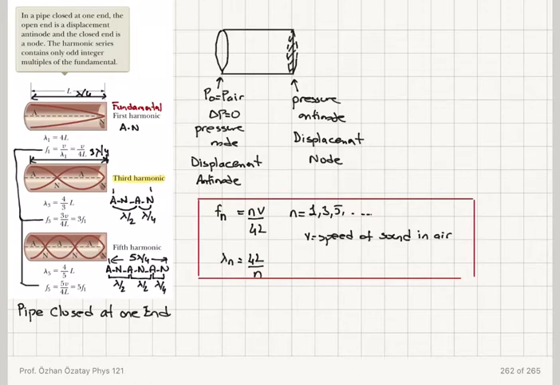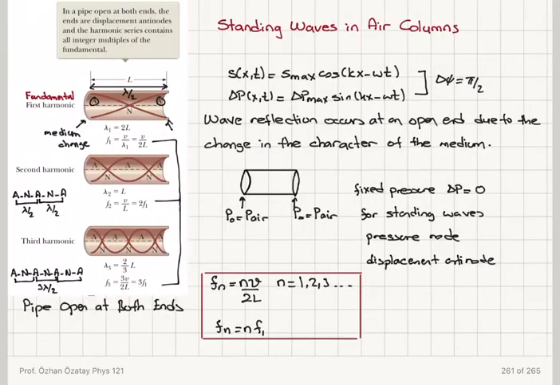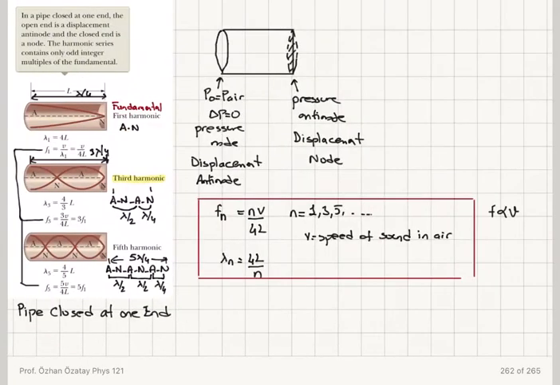Now one thing I would like to note here is that in both cases we find that frequency is proportional to the speed of sound. On the other hand, we know that the speed of sound increases with temperature. If you remember, as I increase the temperature, because the average separation between the molecules increases, they have higher kinetic energy and more frequent interaction, so the speed of sound increases.